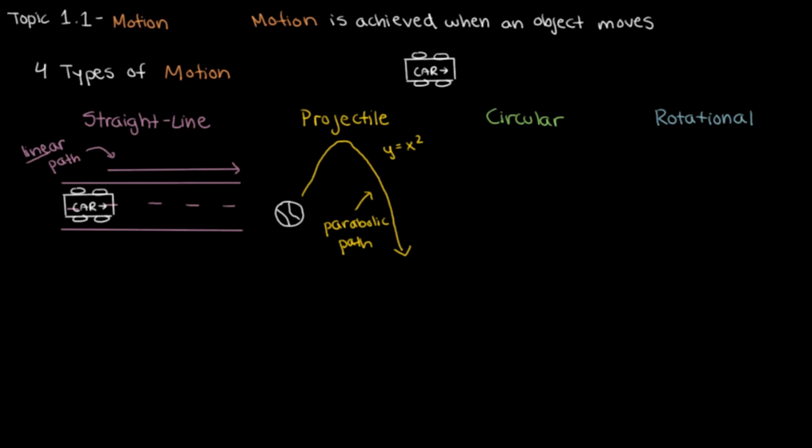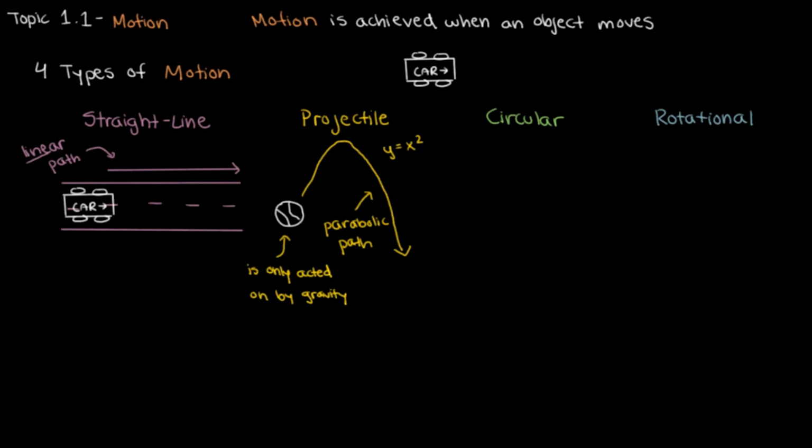The most important characteristic of projectile motion is that the object, whatever it may be, is only acted on by gravity. So there can be no other forces acting on this object besides gravity. If there are no other forces acting on it besides gravity, then it becomes projectile motion.